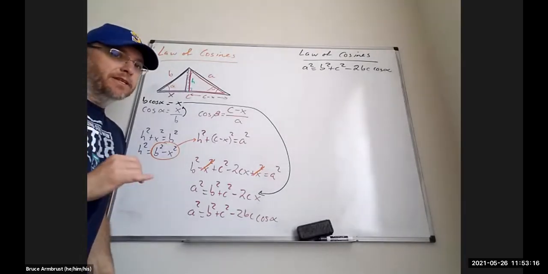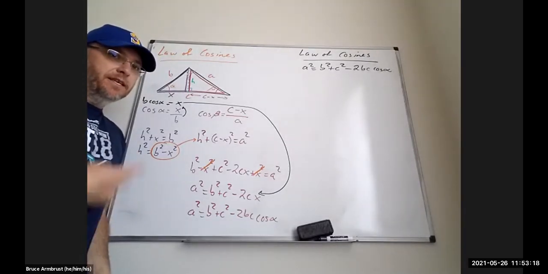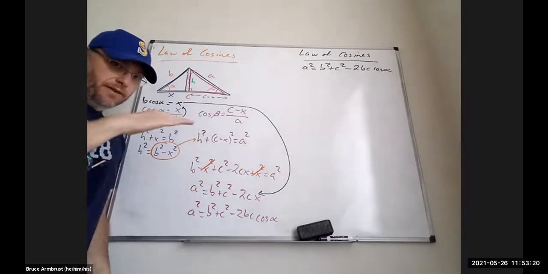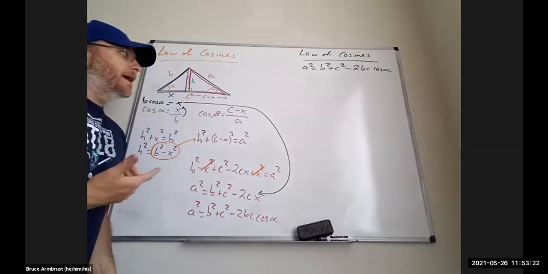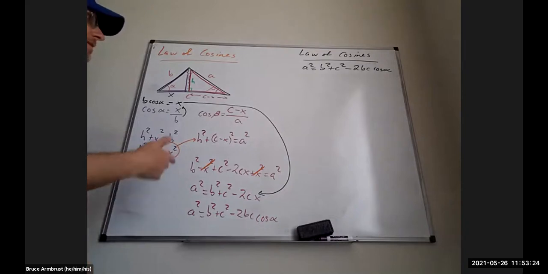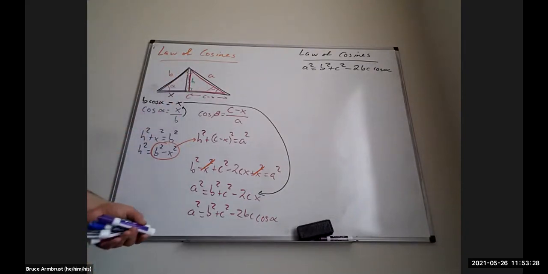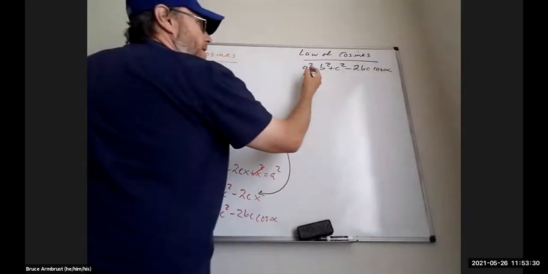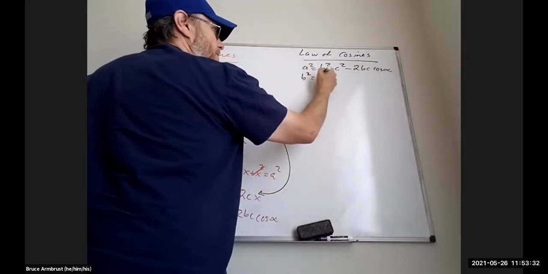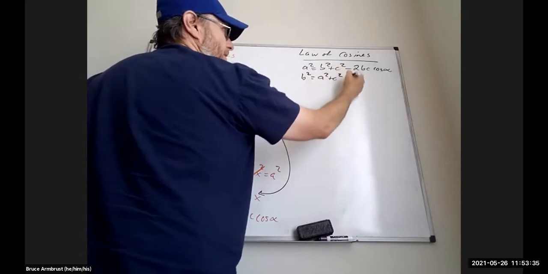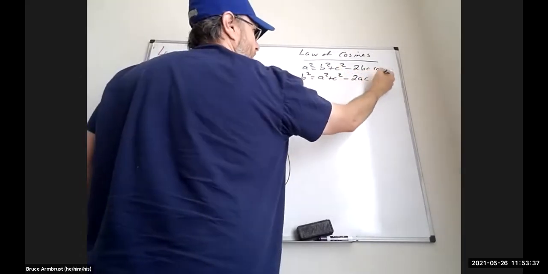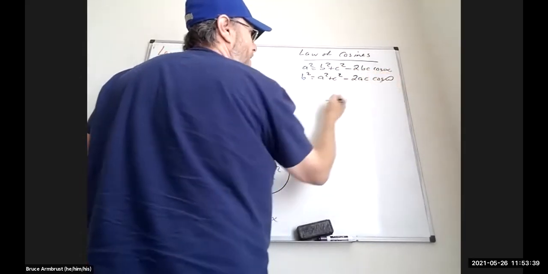Now, what you're going to see when you see the law of cosines is two more lines on this. They'll give you two other options. And those two other options would come from dropping perpendiculars to the other sides. But they have very similar forms. The next one is b squared equals a squared plus c squared minus 2ac times the cosine of beta.